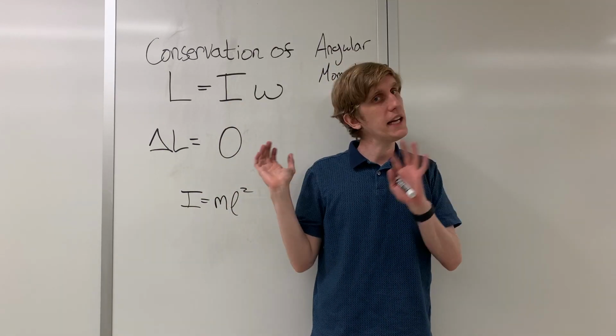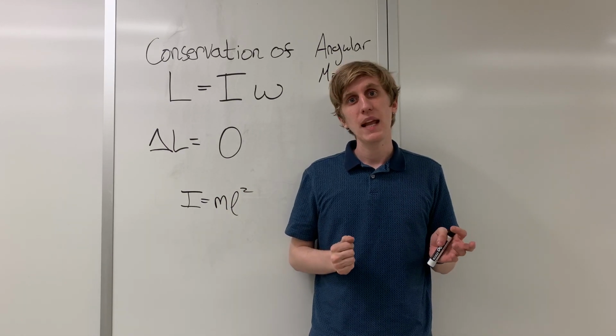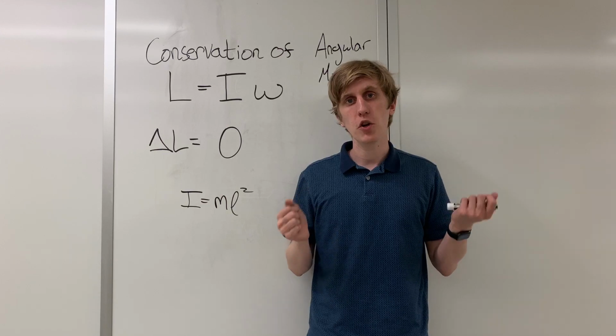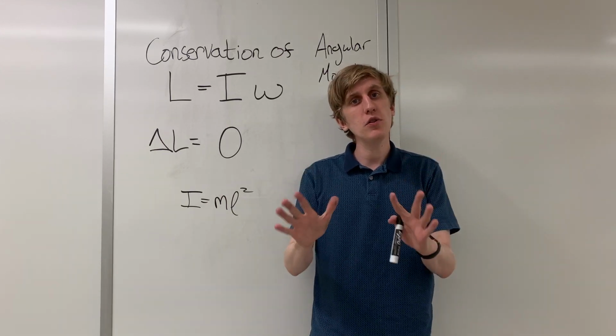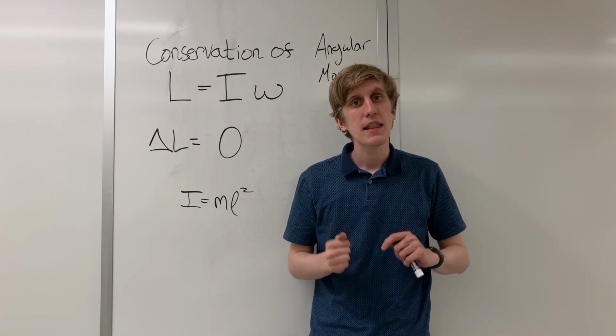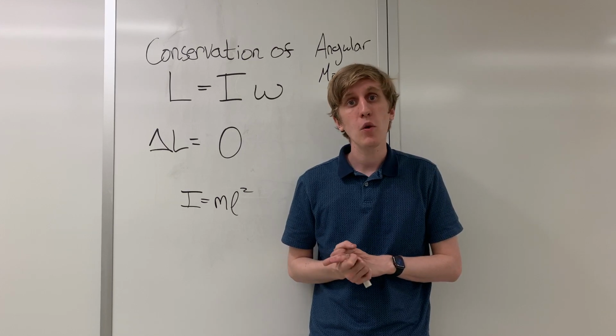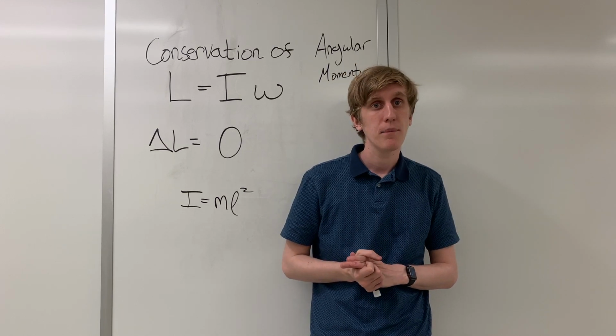Again, it's not that any torques or anything was applied to cause me to slow down. It's just that my moment of inertia changed. And since the universe demands that the angular momentum remain the same, then my angular speed had to go down in order to compensate. In other words, I spun more slowly.